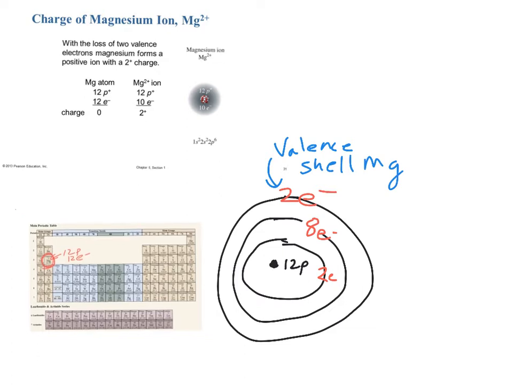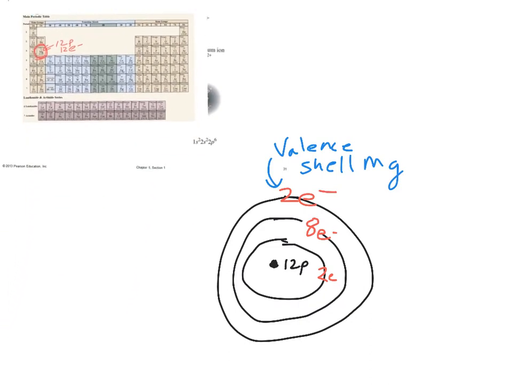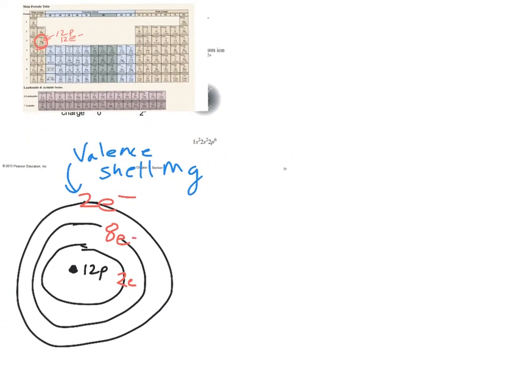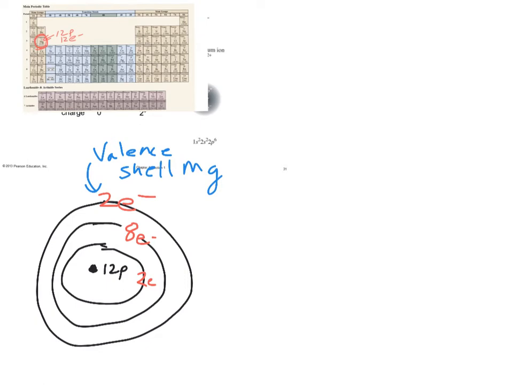Magnesium is going to lose 2 electrons. What happens to those 2 electrons? Don't know, doesn't care. Magnesium just wants them gone. That's what happens with the electrons in magnesium. First atom that's willing to take them, magnesium's willing to let them have it.